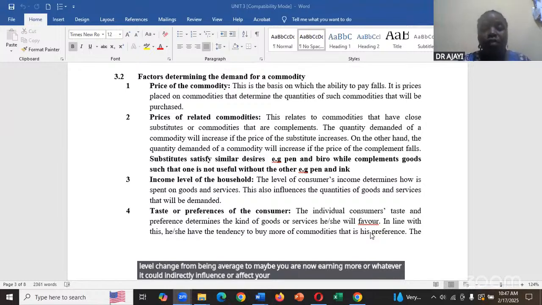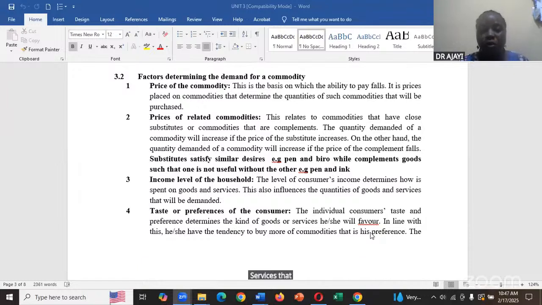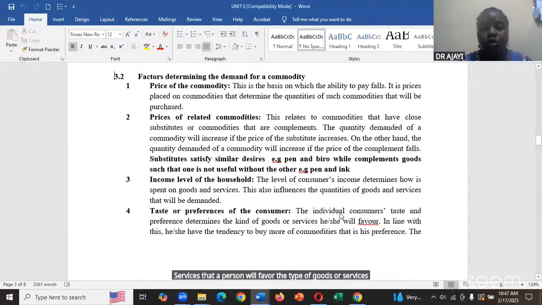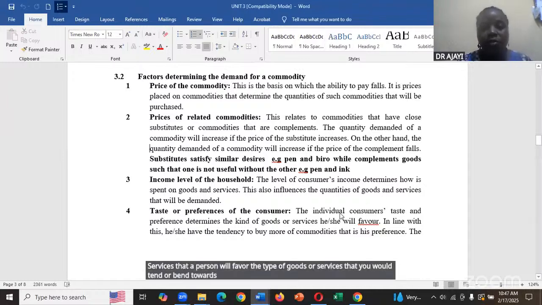You could see yourself going for some type of goods rather than the one you used to go for. So taste or preference, you justify it by the kind of goods or services that a person will favor, the type of goods or services that you will tend towards as your taste or preference changes.